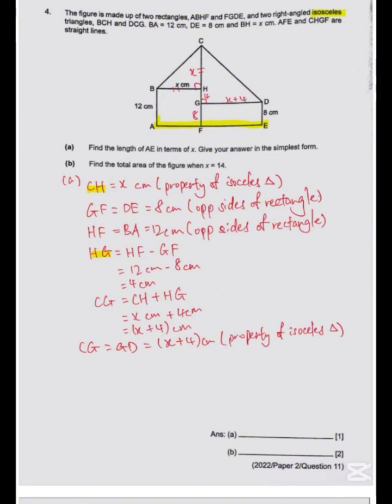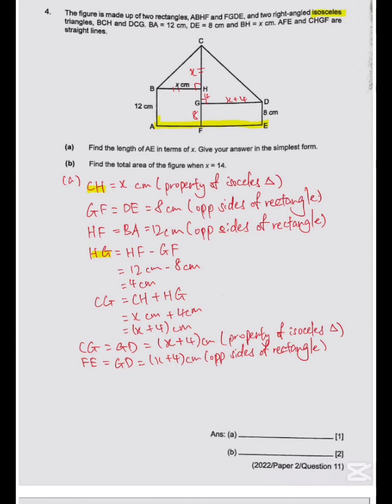So if GD is x plus 4 cm, that means that FE, it will also be x plus 4 cm, right? Because they're opposite sides of the rectangle. So FE would then be equal to GD. Correct? Equals to x plus 4 cm also. Opposite sides of rectangle. Correct?